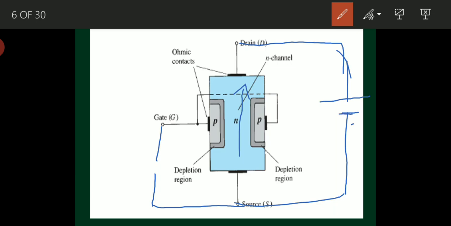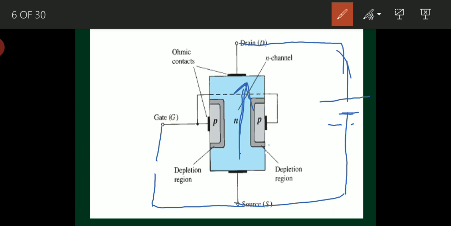Electrons are negative charge carriers, so they get repelled due to this negative voltage supply which I am applying here. Okay. So what will happen? Electrons will be repelled from the source and move towards the drain.